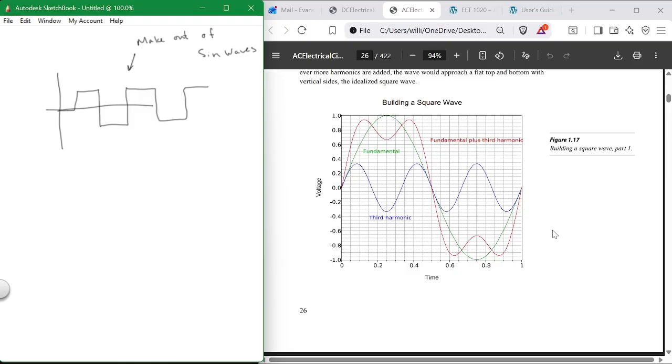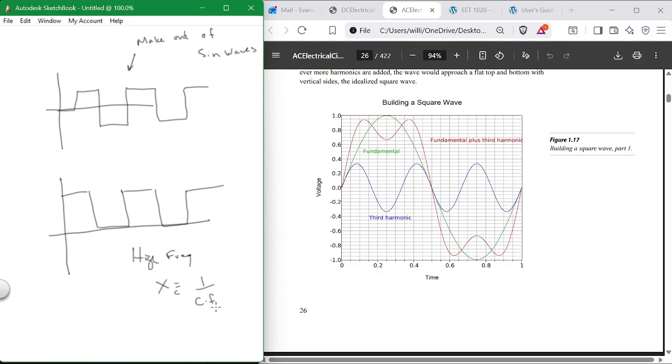Now, I had a signal that was like this. I did not generate that signal from a bunch of sine waves, but in essence, this is a bunch of sine waves. So what happens at high frequency? The impedance of a capacitor is 1 over 2πCf.